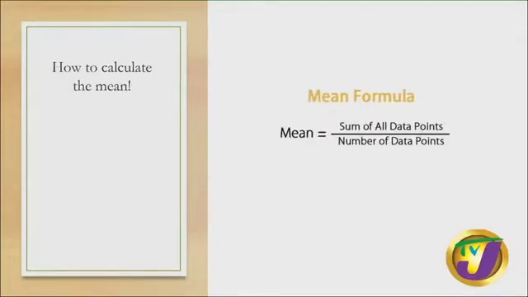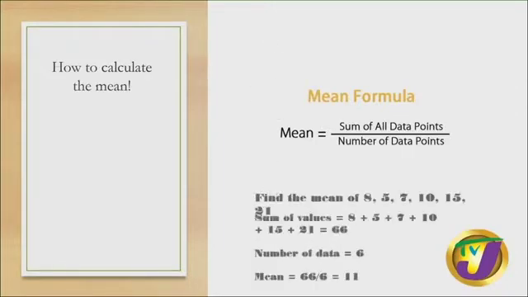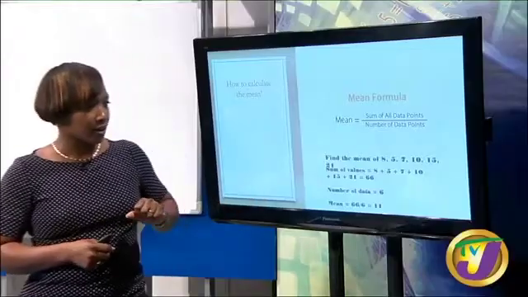So a simple formula we can look at for calculating the mean is the sum of all data points divided by the number of data points. Finding the mean of 8, 5, 7, 10, 15, 21. So I've given you a set of data. Now let us just quickly count. So we have 1, 2, 3, 4, 5, 6.